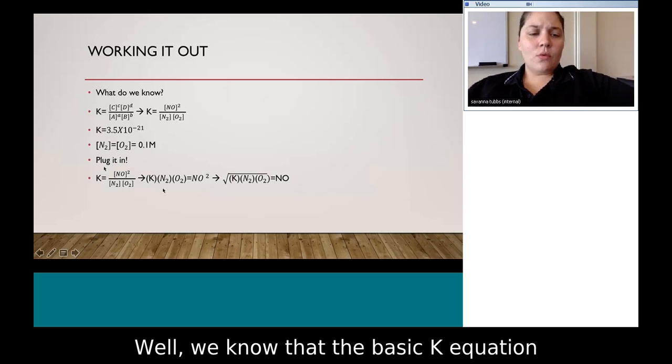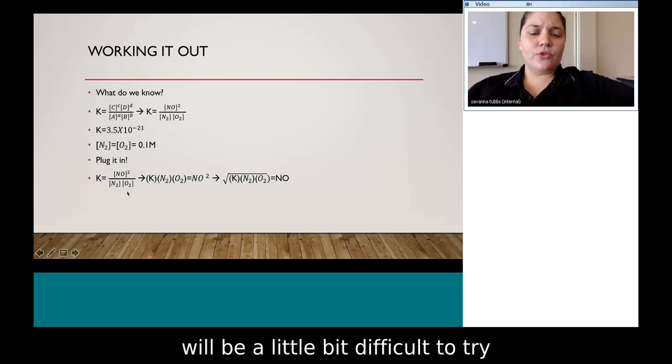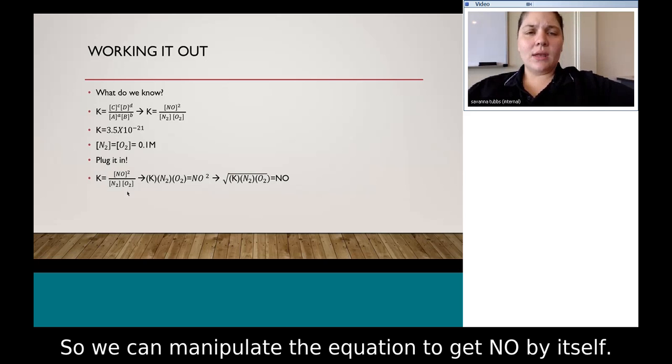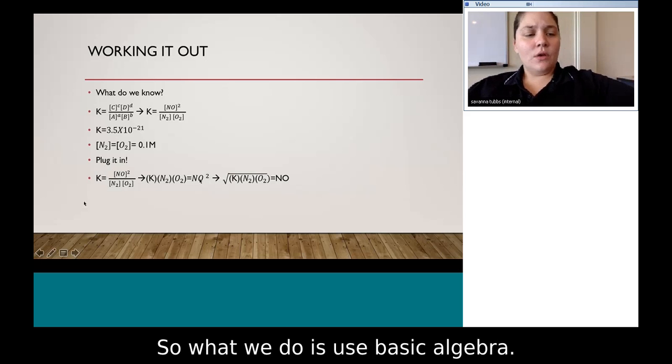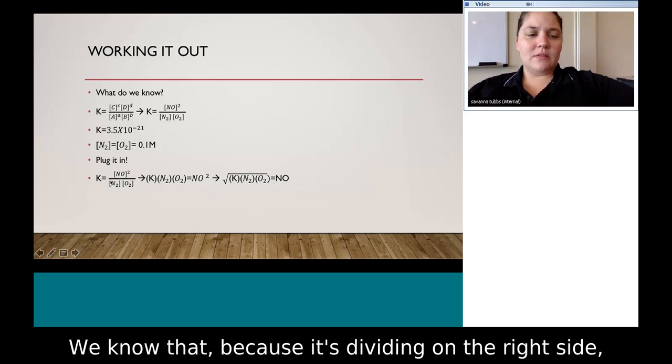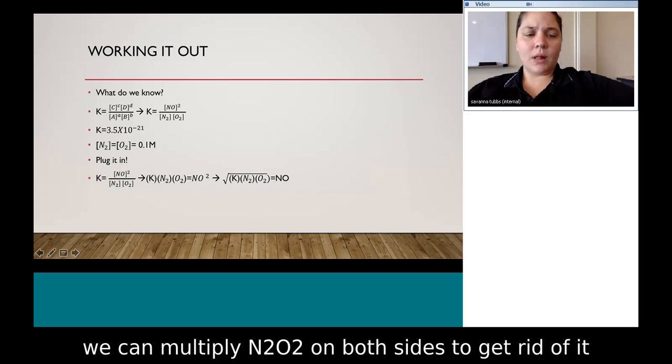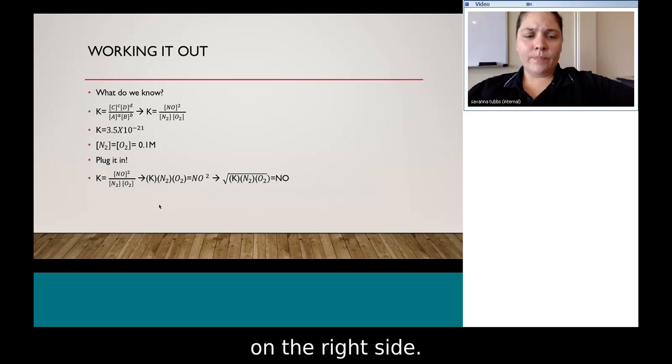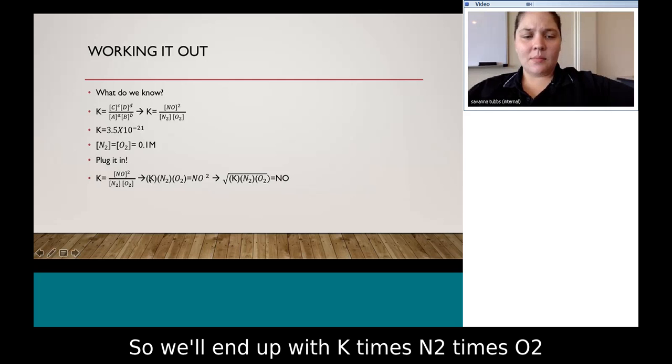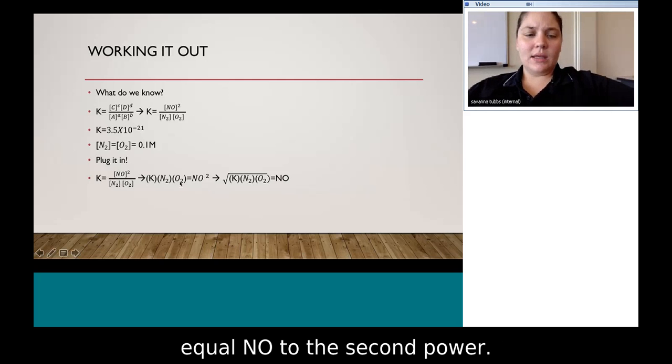Well, we know that the basic K equation will be a little bit difficult to solve for what we need, so we can manipulate the equation to get NO by itself. So we use basic algebra. Because it's dividing on the right side, we can multiply by N2 times O2 on both sides to get rid of it on the right side. So we'll end up with K times N2 times O2 equals NO to the second power.